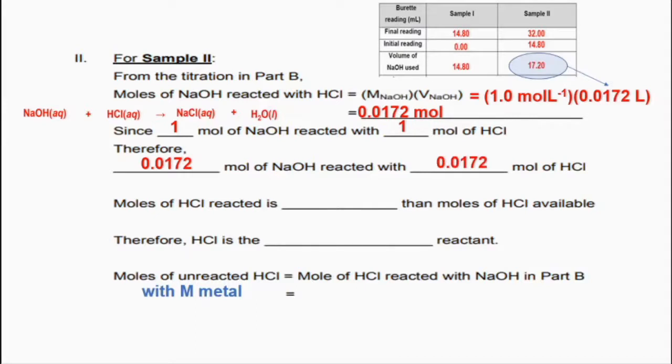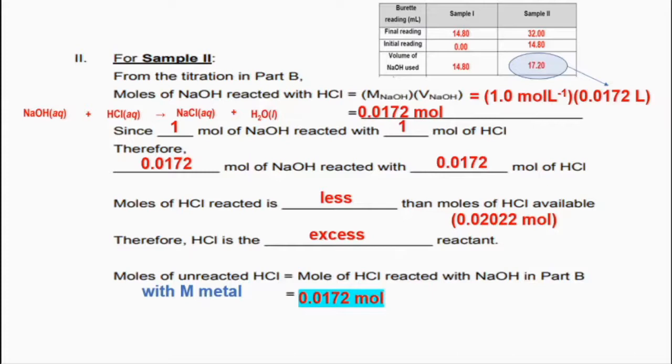Comparing the moles of HCl available and the moles of HCl reacted, the moles reacted is less than the moles available. So HCl is still the excess reactant. Then we determine the moles of unreacted HCl with the M metal, which is the same as the moles of HCl reacted with sodium hydroxide in part B.